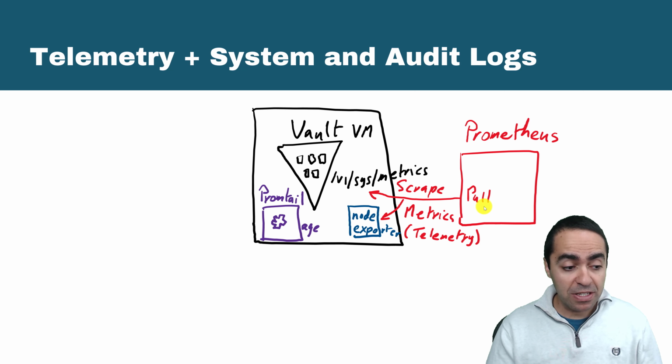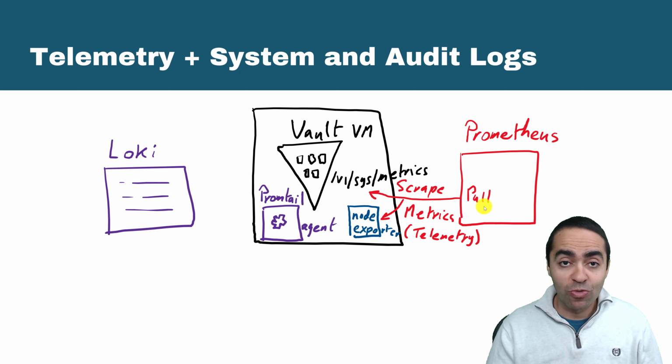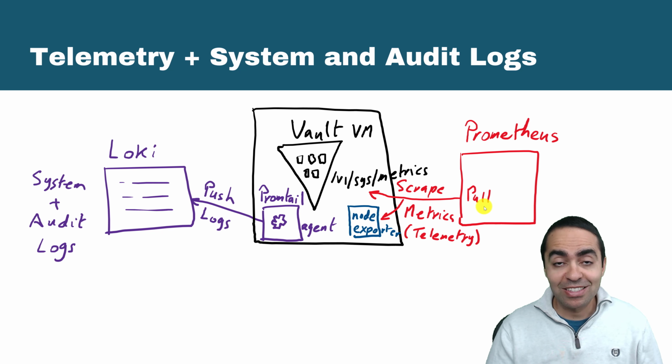The next piece is looking at logs, and there's an agent that you deploy in the VM, and it will basically look at specific file logs and ship those logs over to a log aggregator. In this case, Loki is what we're using, and Loki is a product by Grafana Labs.